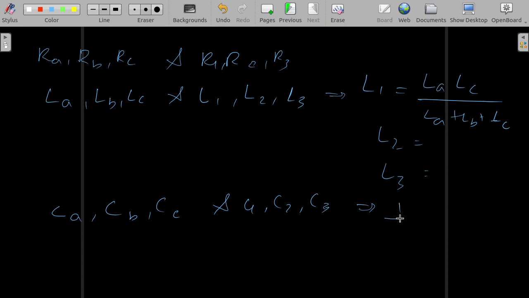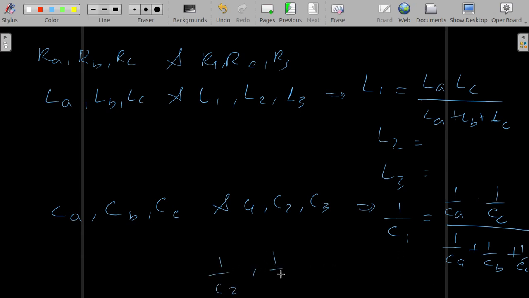So 1 by C1 would be equal to 1 by CA into 1 by CC divided by 1 by CA plus 1 by CB plus 1 by CC. Similarly, 1 by C2 and 1 by C3 will have similar equations. Just bringing that to your notice.